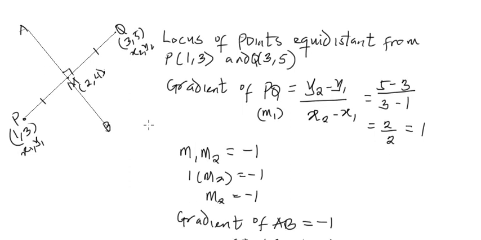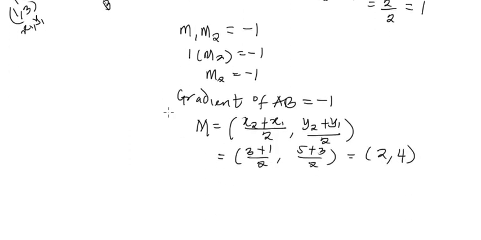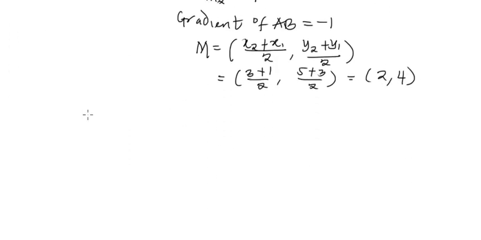Okay, now let us solve. Finally, we use the gradient one point form, because now we know the gradient of the line AB and we know the point it passes through.